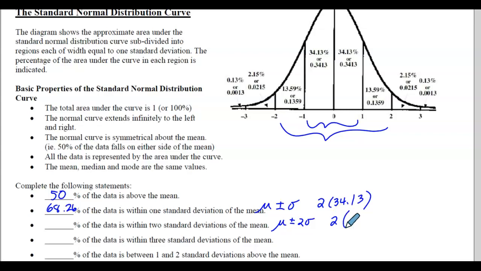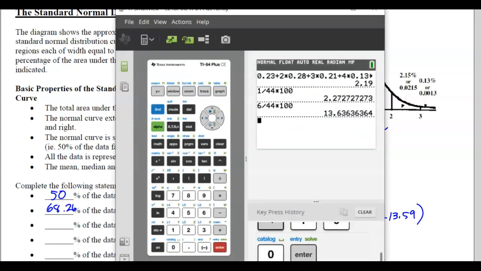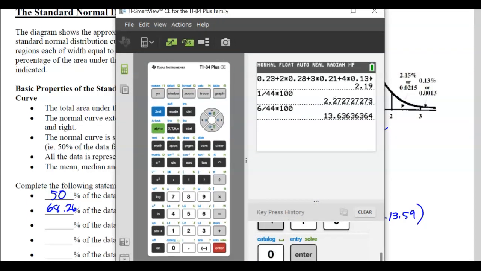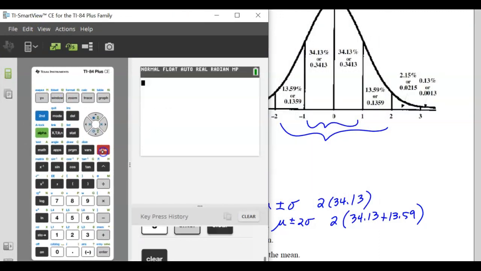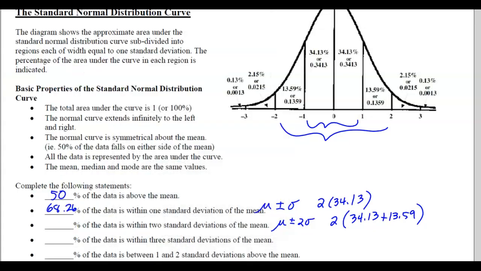Well, we can go 2 times 34.13 plus 13.59, which is 95.44. Or you could go 100 minus these 2 areas and those 2 areas.